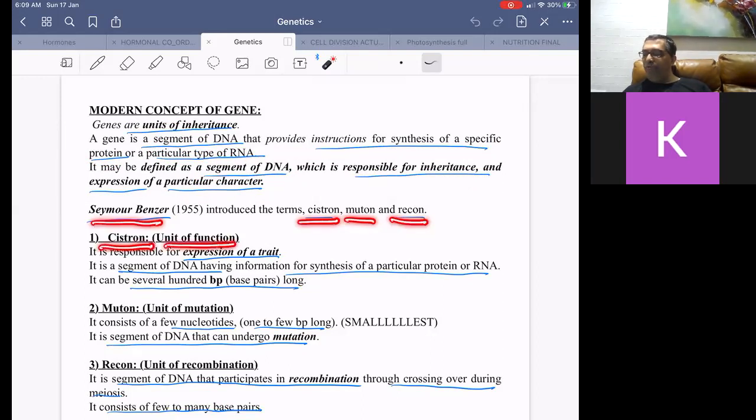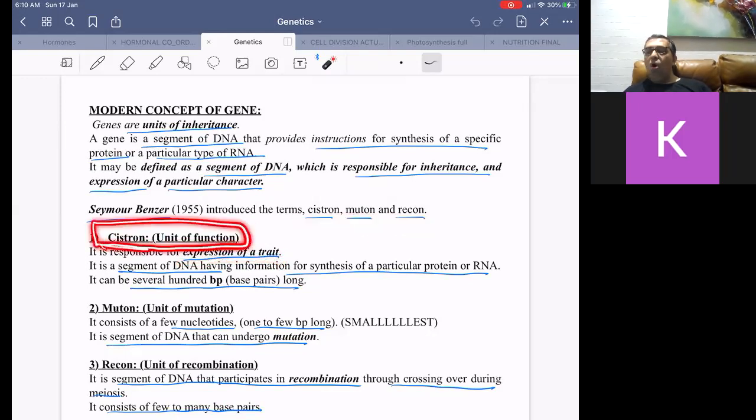Cistron is the unit of function. It is responsible for expression of a trait. So a gene undergoes transcription and translation to form a protein and expresses itself. Then what is that functional gene called as? That functional gene is called as a cistron.